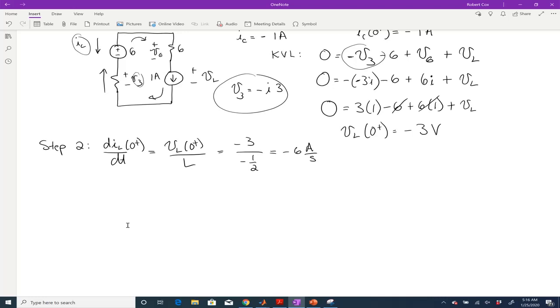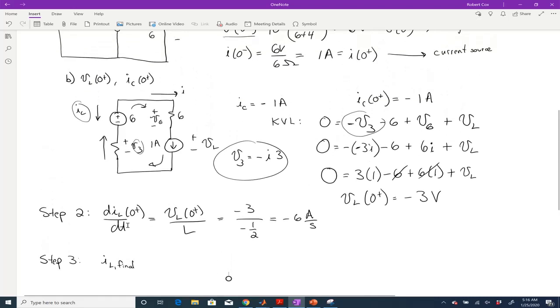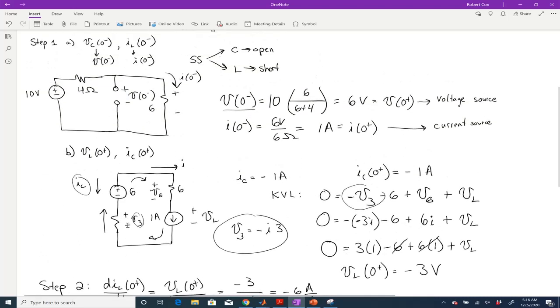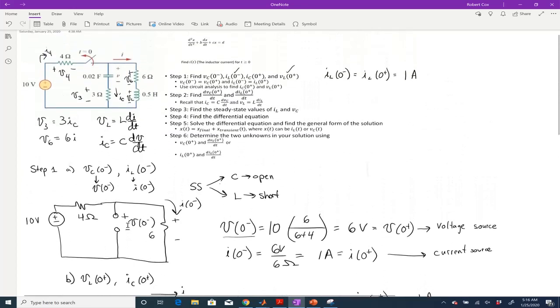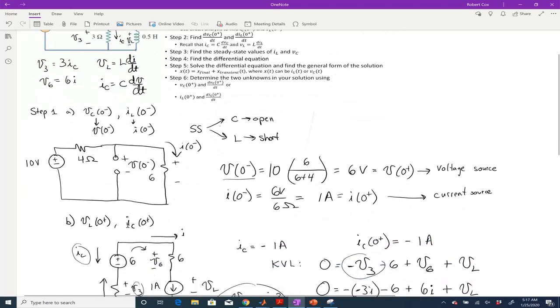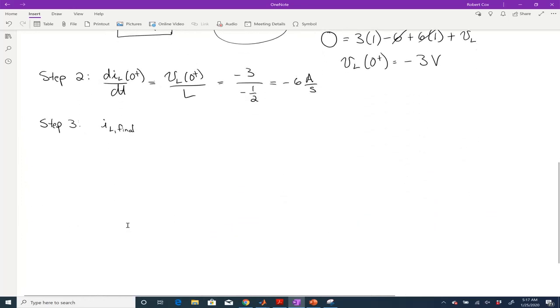That gets me to my step 3, which is to find my IL final. So what's my final inductor current? Again, that implies steady state, so long after the inductor current stopped changing, long after the capacitor voltages stopped changing. So the inductor is going to become a short, the capacitor is going to become an open. Let's draw that circuit.